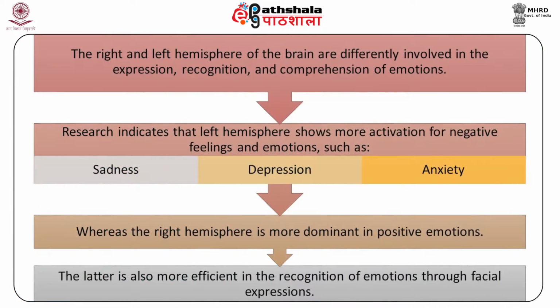The right and the left hemisphere of the brain are differently involved in the expression, recognition and comprehension of emotions. Research indicates that the left hemisphere shows more activation for negative feelings and emotions such as sadness, depression, anxiety, etc., whereas the right hemisphere is more dominant in positive emotions. The latter is also more efficient in recognition of emotions through facial expressions.